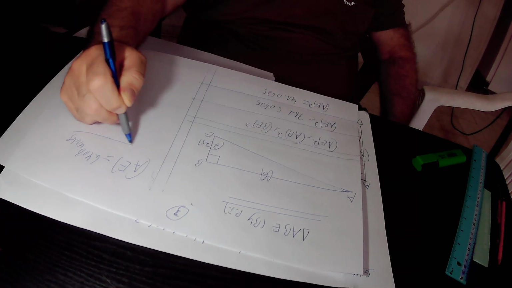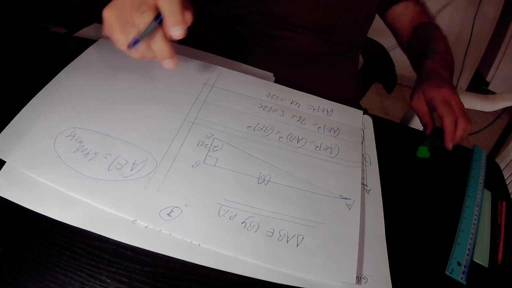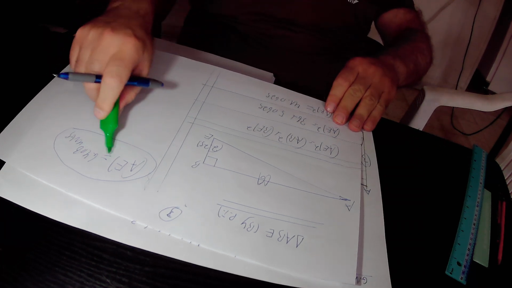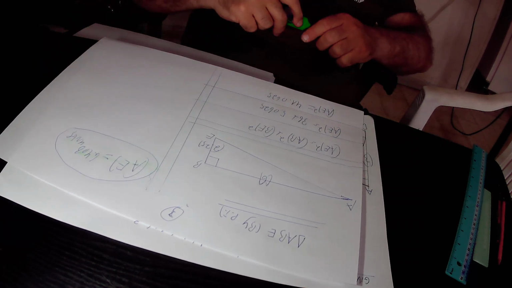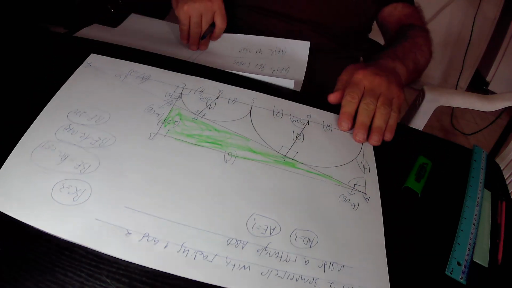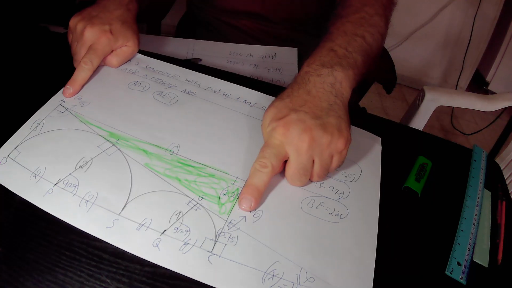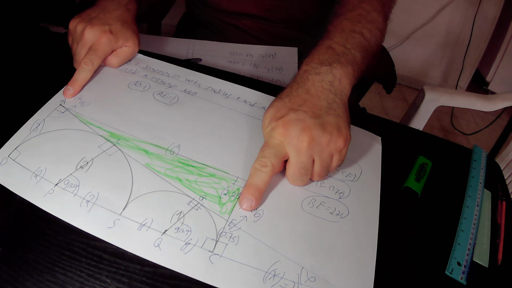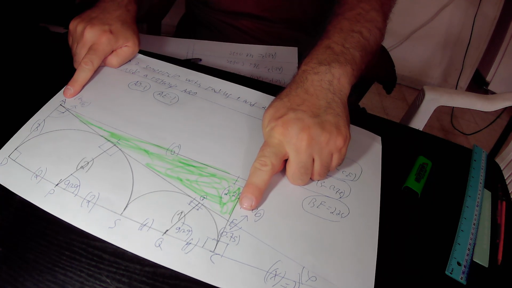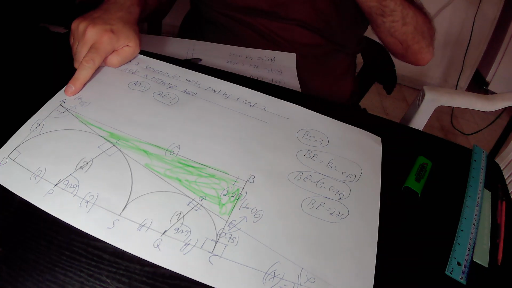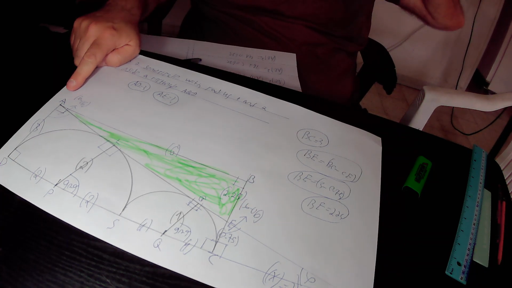And that is the answer to the question. Again, we found out that the length of this line segment AE equals 6.408 units. So in the next step, I will summarize the lecture.